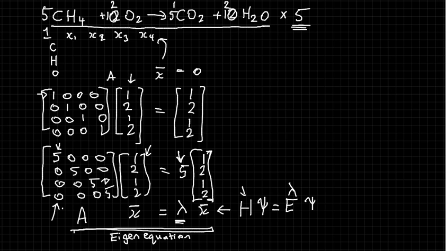So you can think of this as the matrix A, and the wave function as the vector, and basically this is the form of an eigen equation. So it's really important that you can work out how to calculate the eigenvalues and the eigenvectors of a matrix that you're given.